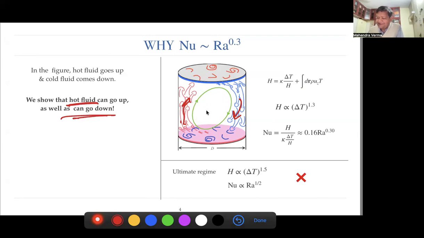We find that the red fluid, which is hot, is coming down, and the difference leads to 0.3. So there is a negative flux compensation. We get the net heat flux scaling of 0.3 because of the negative heat fluxes.